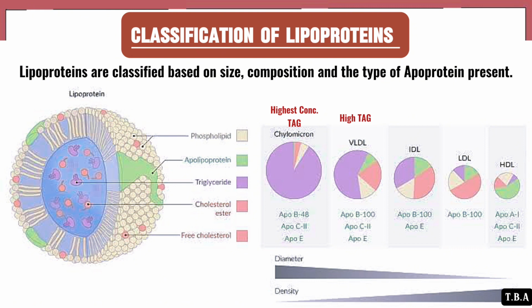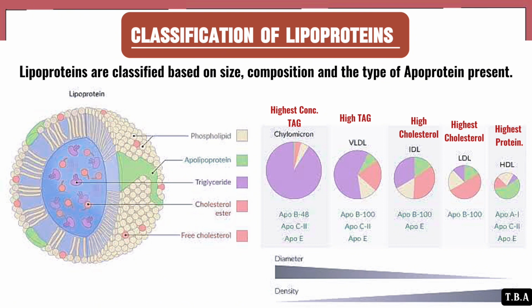It is large, but not compared to the size of the chylomicrons, and also has a high concentration of triglycerol, followed by the LDL, which is small in size, and it contains the highest concentration of cholesterol. Then the HDL, the high density lipoprotein. It is the smallest, and it contains the highest concentration of protein.